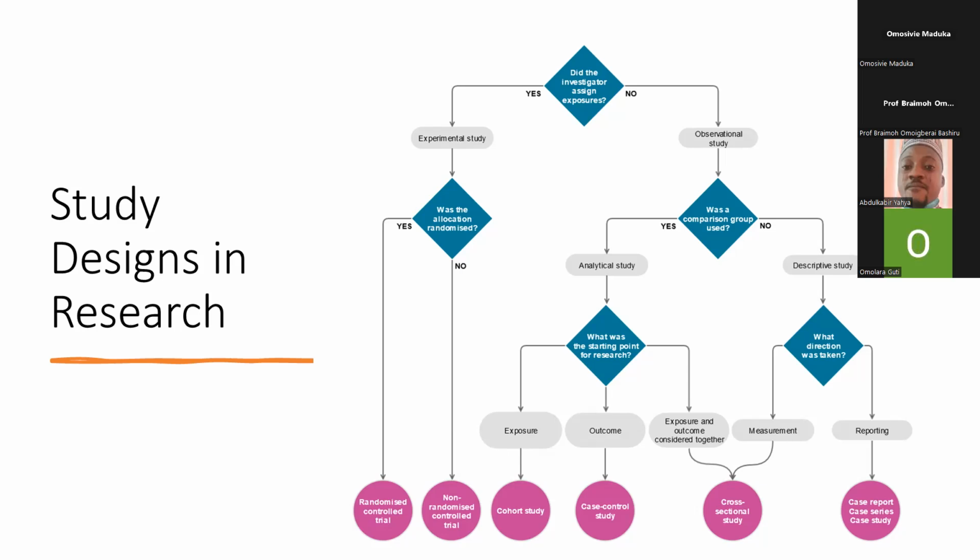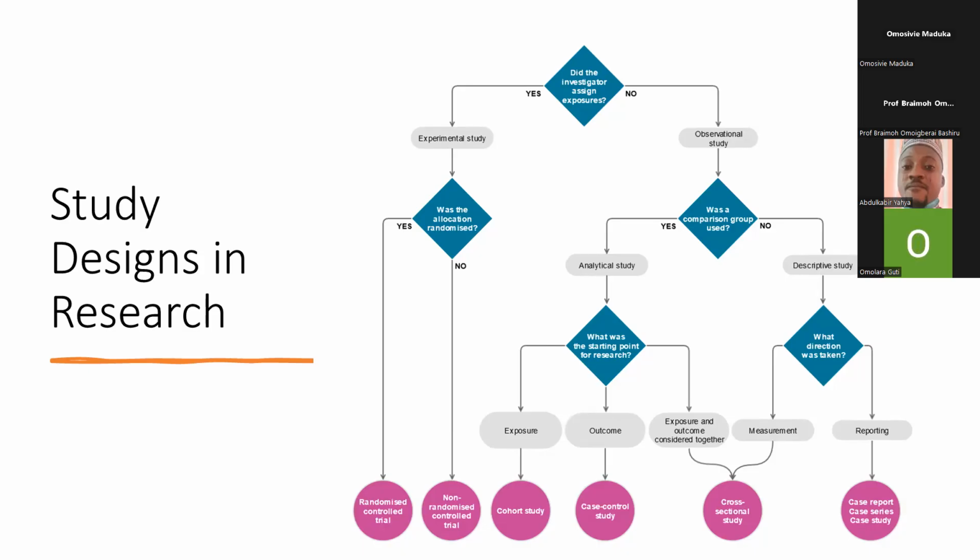So all research is in two broad categories. You are asking yourself, did the investigator assign the exposure? Was it the investigator that assigned an exposure? If the answer is no, all the investigator is doing is observing phenomena as they occur, then it's an observational study.